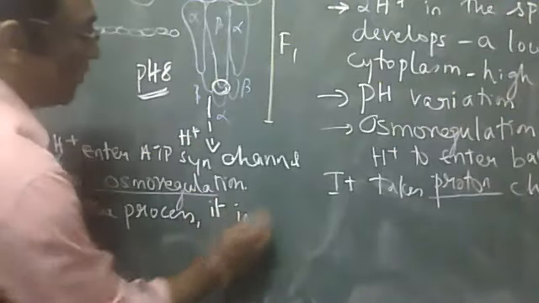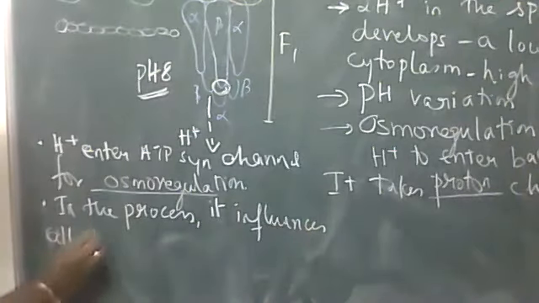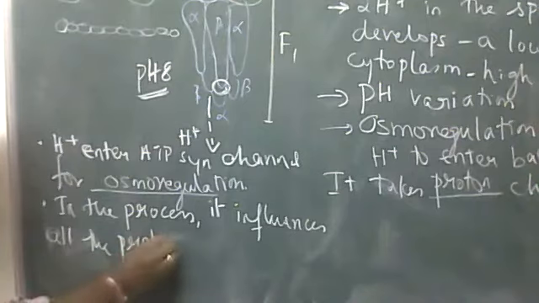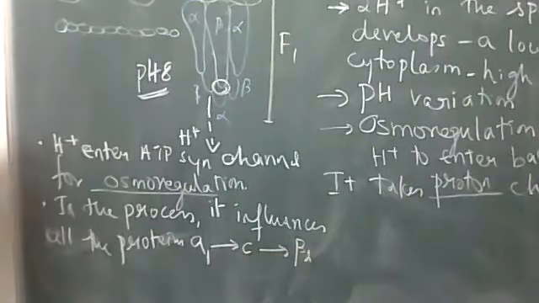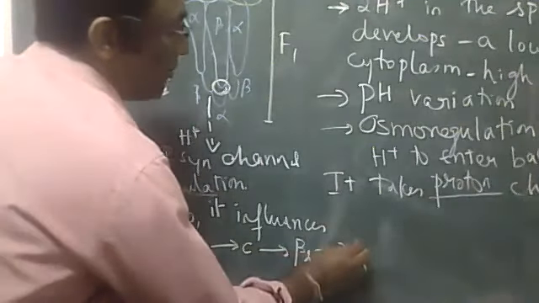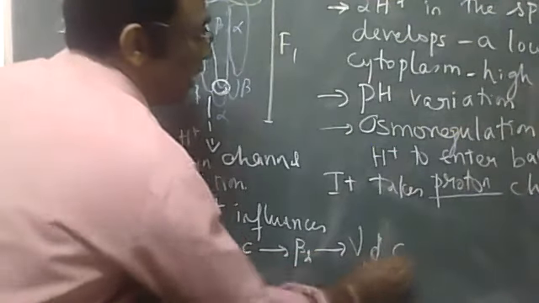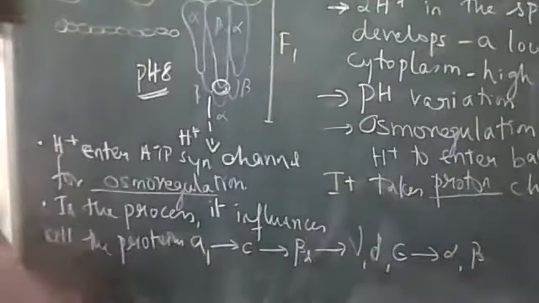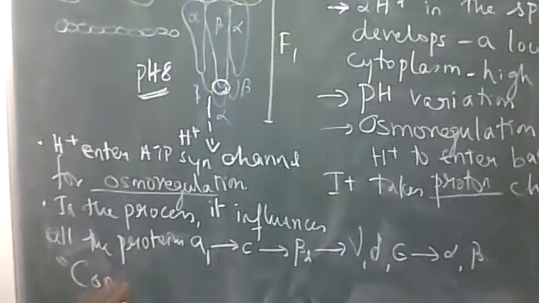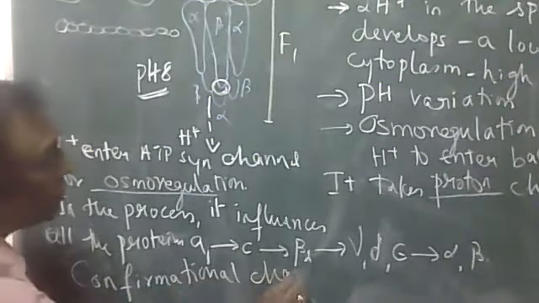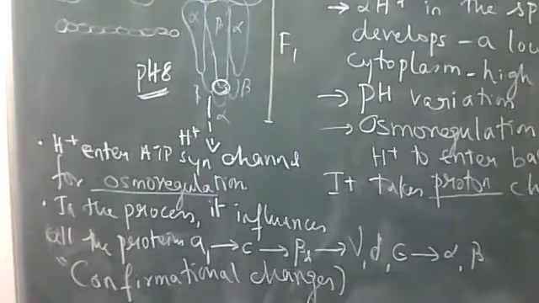In the process, it influences the proteins. In which order? A1, C, beta 2, gamma, delta, epsilon, alpha, beta. Everything will change, influence. This is called, can you guess? This is called, what is it?